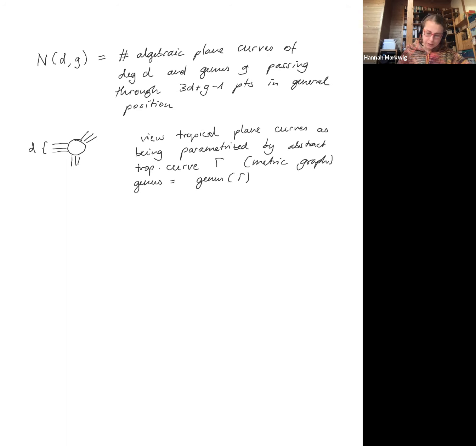And let me draw an example. So what we have to pay attention to in particular is that there may be crossings of edges. Crossings of edges in the dual world correspond to a parallelogram. So I can draw a picture of a cubic for you with one parallelogram, for example, like this. And then the dual tropical curve would look as follows.